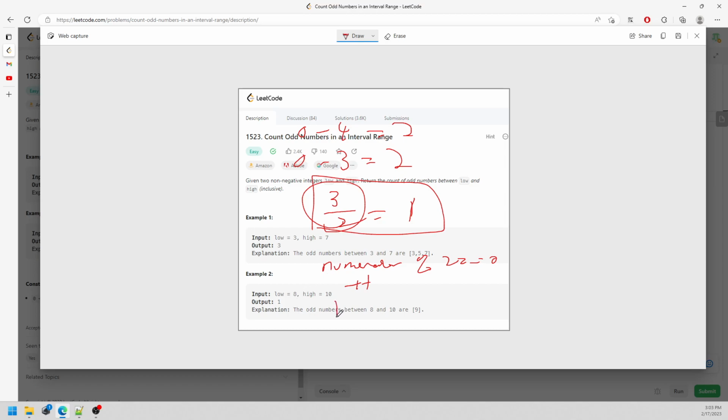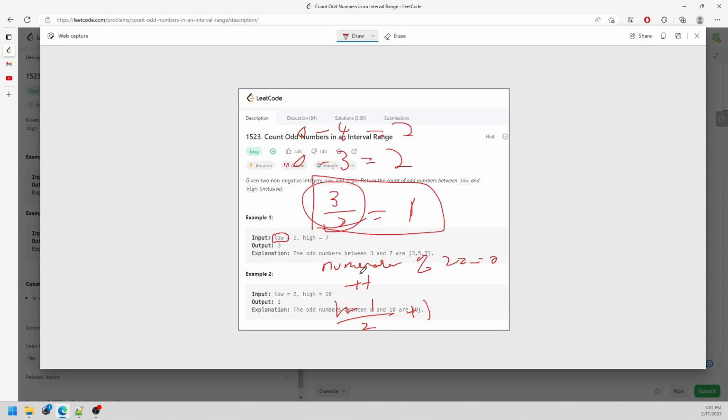Then when we divide, it's going to be high minus low divided by 2, and then we need to increment by 1, because we are forcing the low bound up by 1, and we need to include the value itself because we're forcing the low value to the odd number.